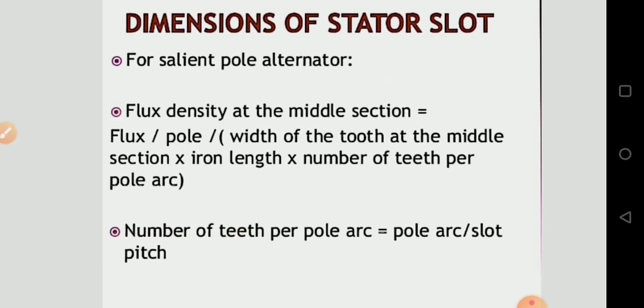So for the salient pole alternator we calculate flux density at the middle section, and in the turbo generator at the top section.